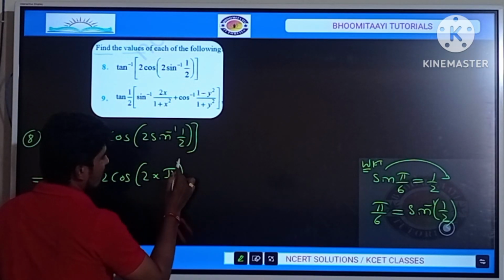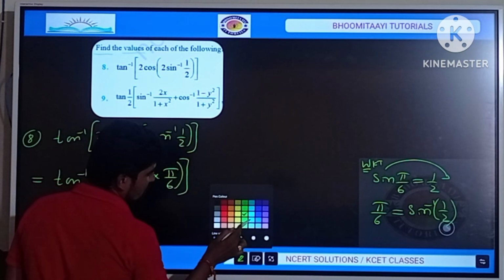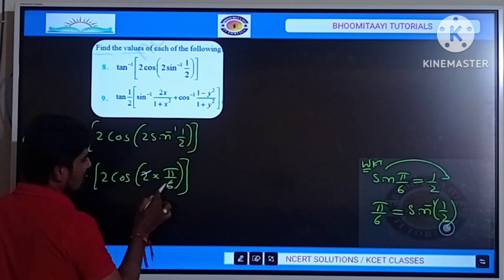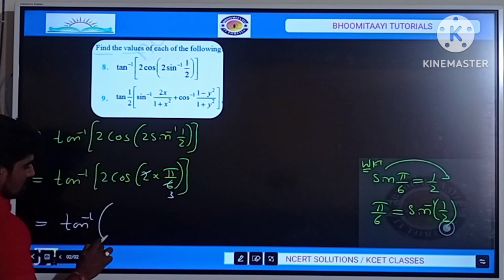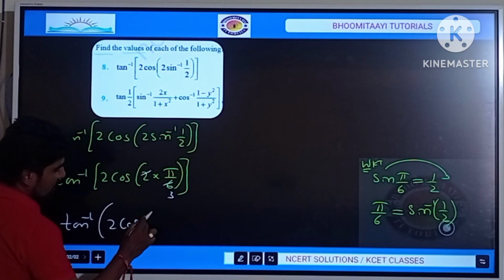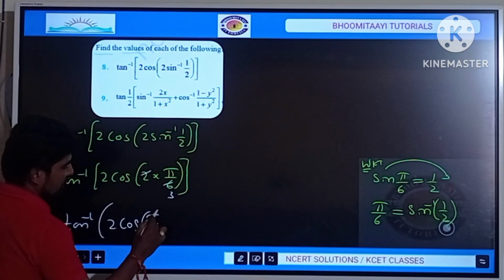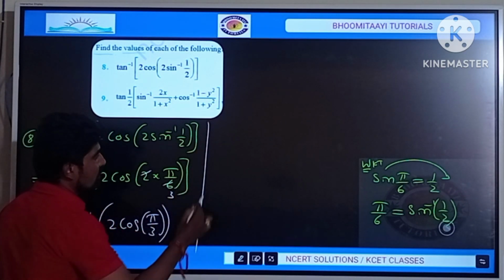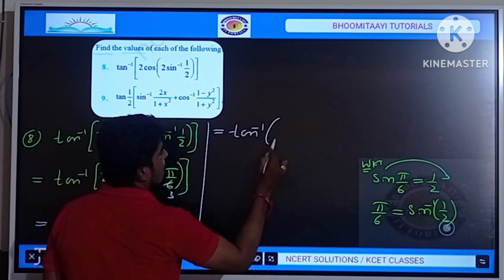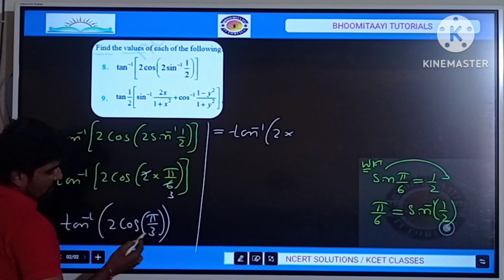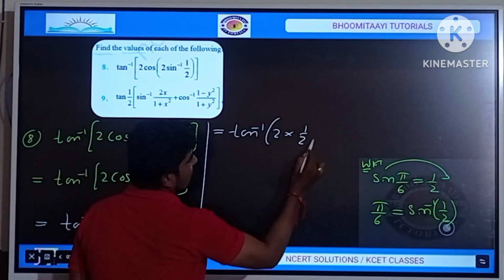Now this is equal to tan inverse of 2 cos of 2 times pi by 6, that is, 2 cos of pi by 3, which is equal to tan inverse of 2 into the value of cos pi by 3, which is 1 by 2.